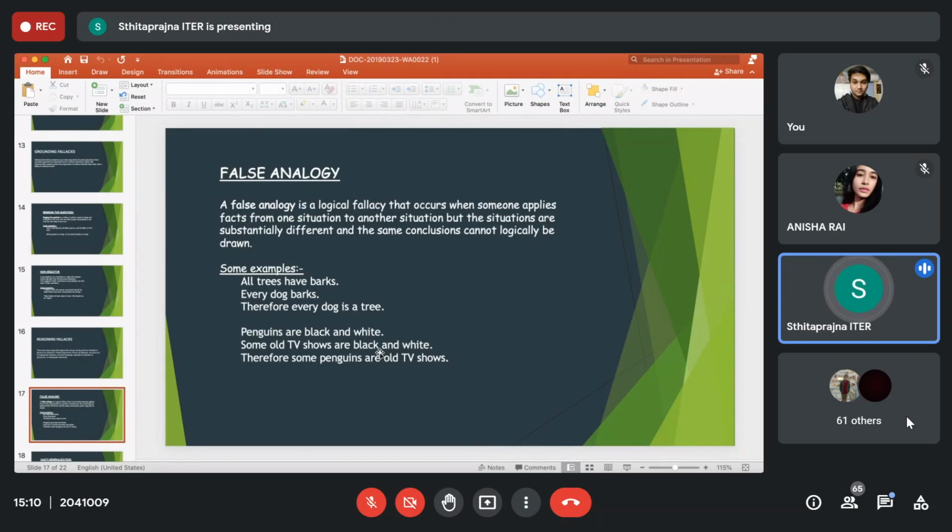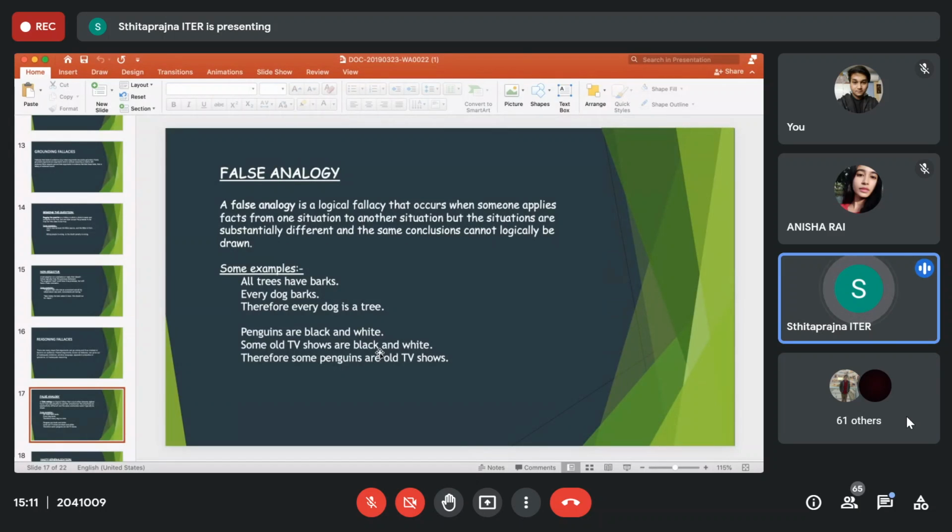How can you logically conclude from the two things? They can't form a singular syllogism. You can't say the first statement is a major premise and the second a minor, where you can logically draw a conclusion. You cannot, because they are two different things. The barks are not the same thing.